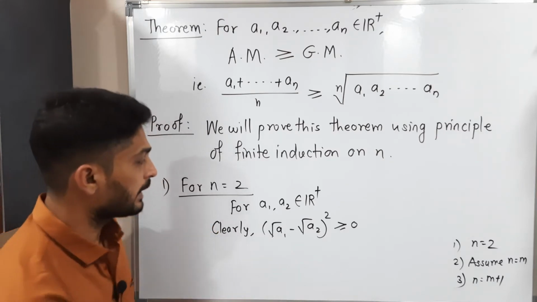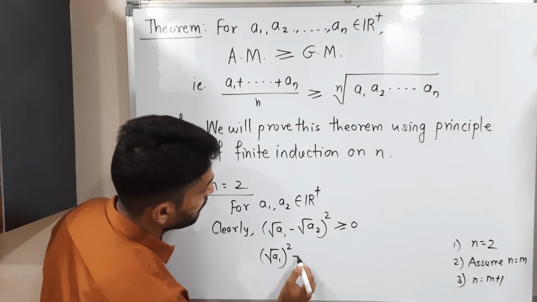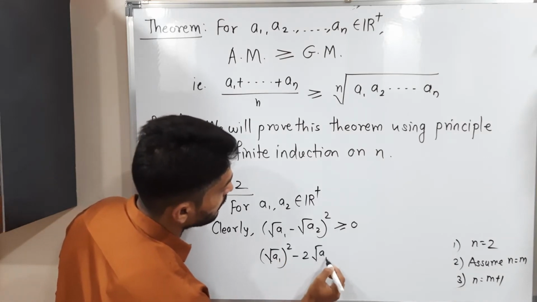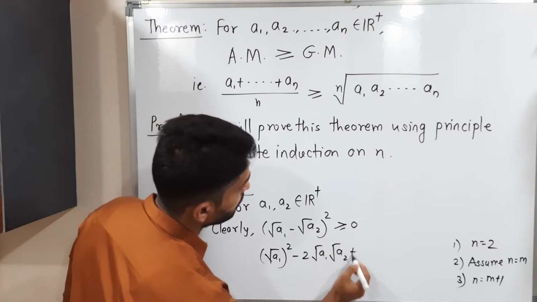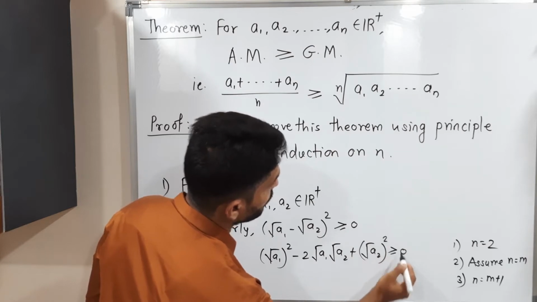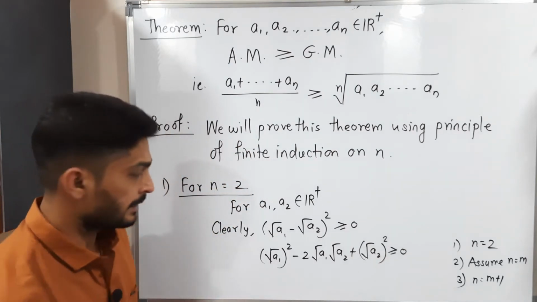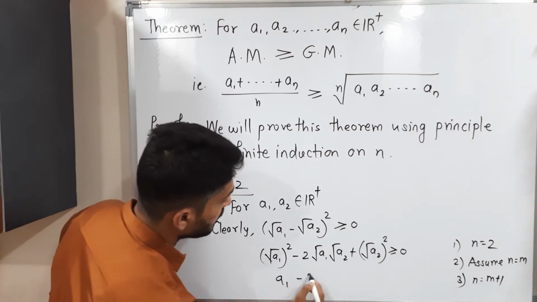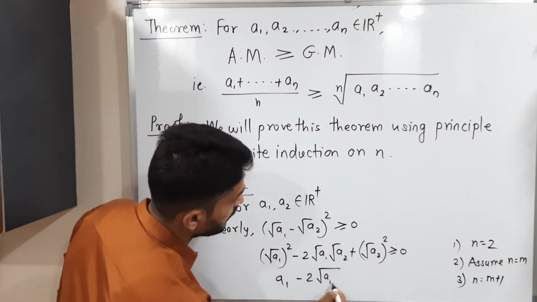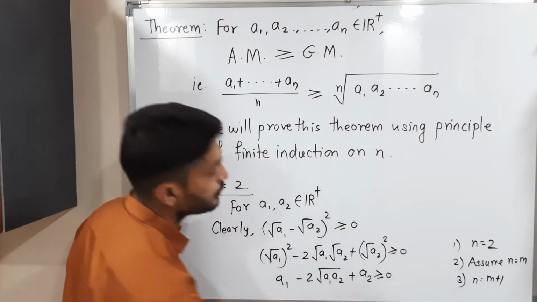Let us follow this formula here. So root a1 square minus 2 root a1 root a2 plus root a2 square is greater than or equal to 0. Square and square root get cancelled, so a1 minus 2 root a1 a2 plus a2 is greater than or equal to 0.